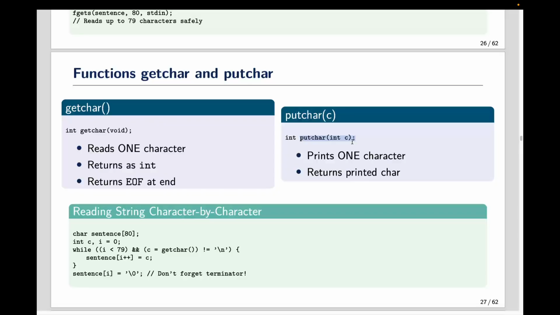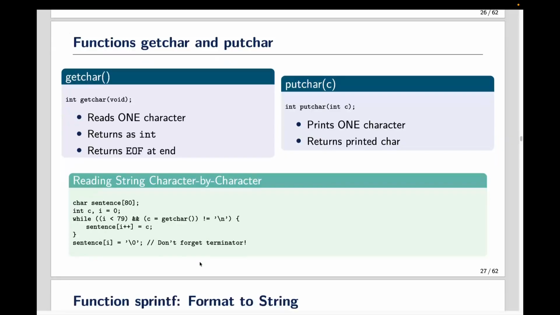You can change A to B by just doing plus plus, as we did in part 1. So every time you take string input from the user, please always use either getchar or fgets.